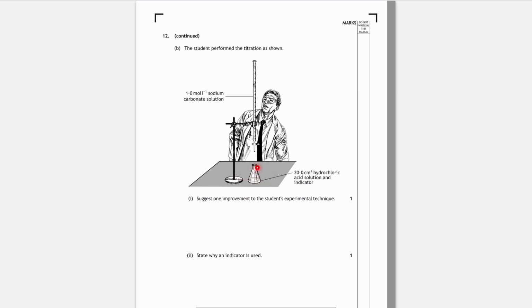That helps see the colour change more clearly. And they could also move the clamp of the clamp stand more into the middle of the burette, but that's more of a stability thing. But ideally for just improving the technique, moving it lower would be the biggest improvement here.